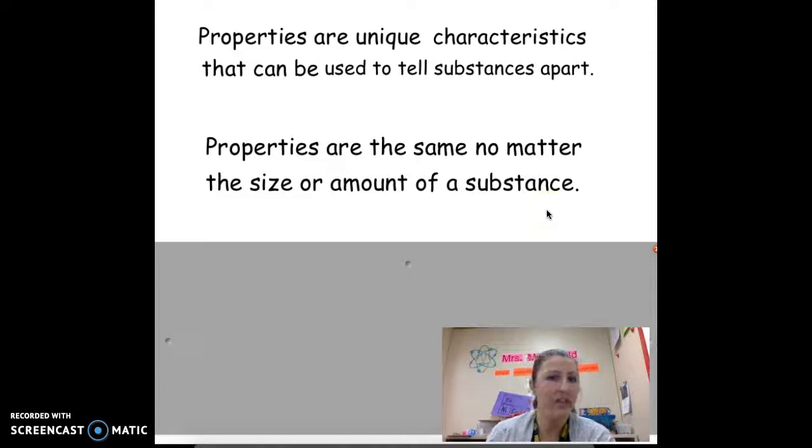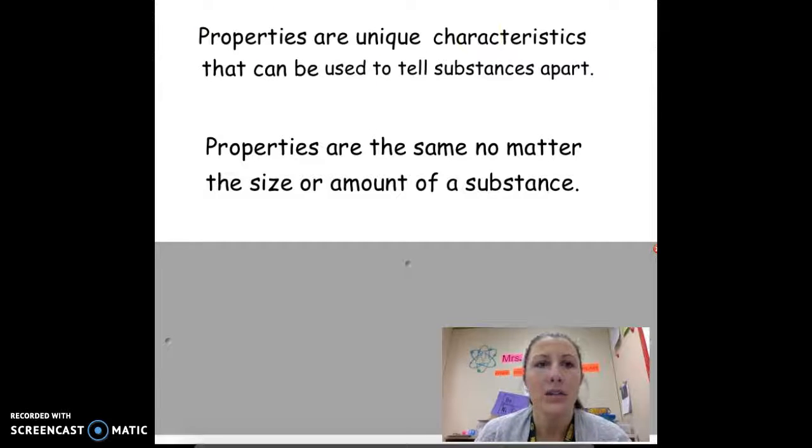So if I have 1 inch of fat or 2 inches of fat, the properties should be the same because they're the same substance. It doesn't matter how much I have. And 2 different substances should have different properties because they're not the same thing, and we use those properties to tell them apart. I'm going to use only one of the parts in my writing. The other part you can use. However you choose to write that scientific principle, that's what you need to include in your reasoning.